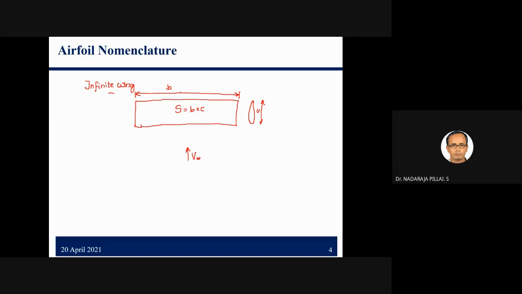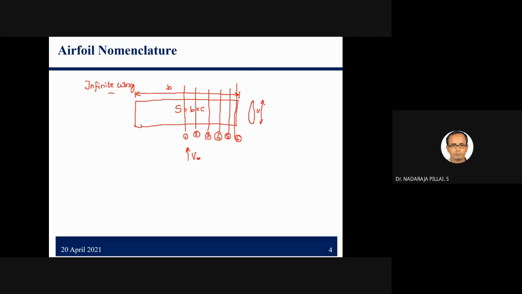Now, if you take this particular section 1, this section 2, this cross section 3, cross section 4, cross section 5, and another cross section 6, which is very near the tip of the wing.